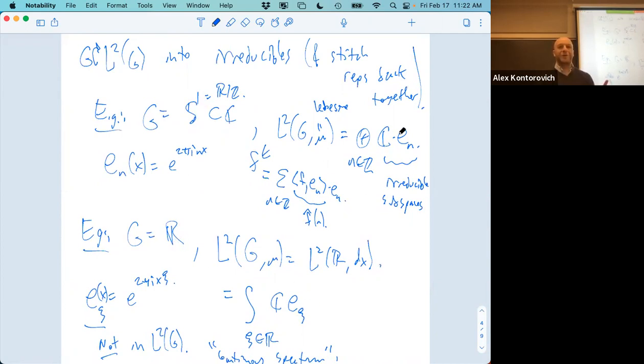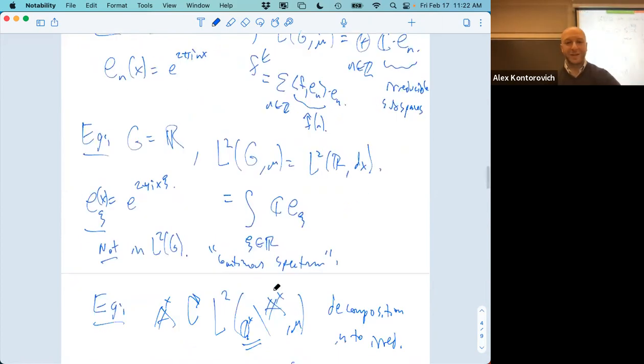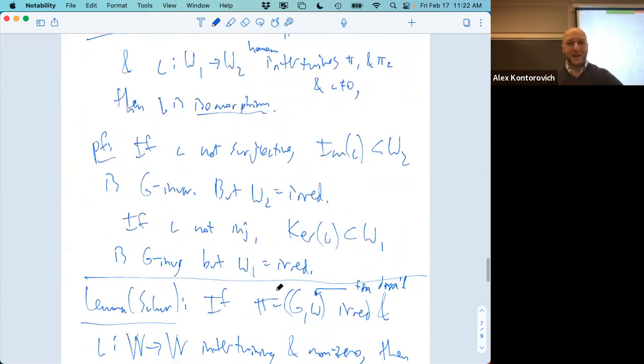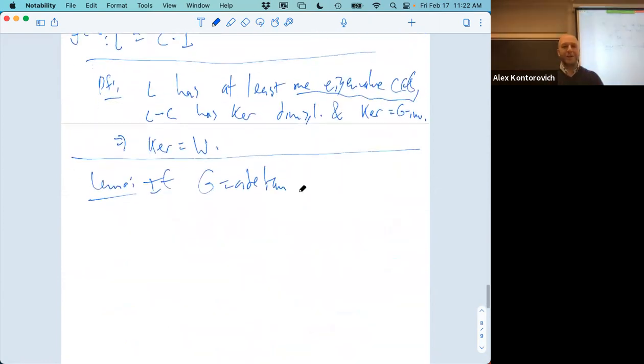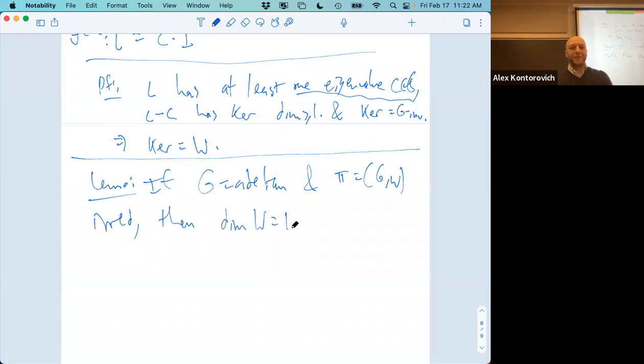These are one-dimensional spaces that we can decompose our functions into. We have nice bases for these things. There's a reason for that, which is that if G is abelian and pi is irreducible, then W is one dimension. Okay, the only irreducible subrepresentations of abelian groups are one dimension.